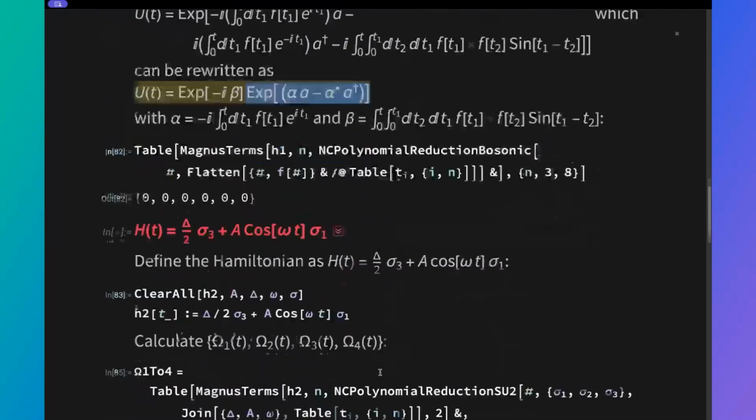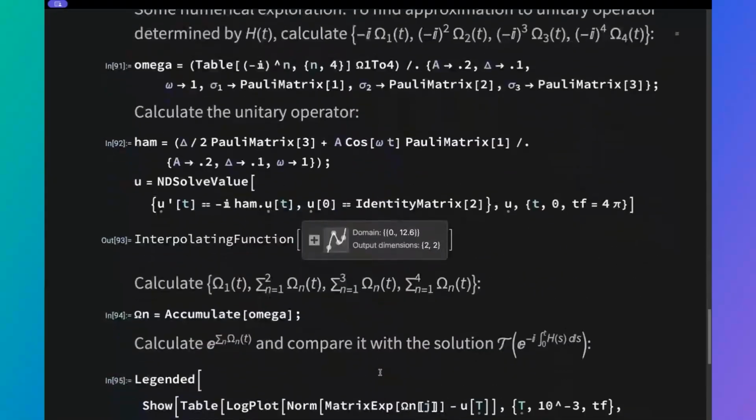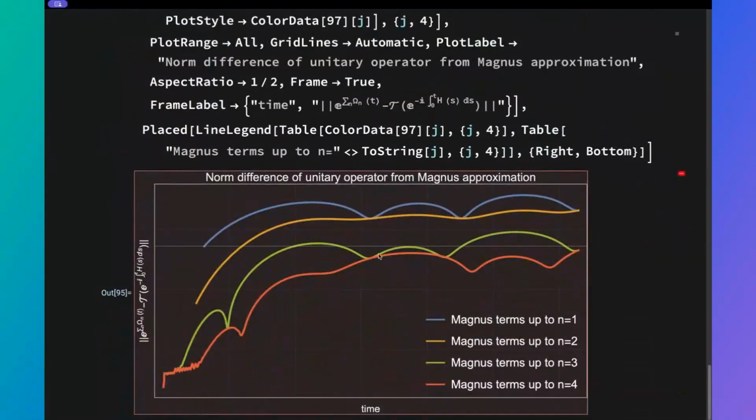Let me just scroll down here. I'm going to show you the final result. So the famous "so what?" Why is this interesting? Look here. I'm obtaining the propagator in 2 ways. First, I'm solving it exactly. And then I'm getting it through the first term in the Magnus, the second term, third, and fourth.